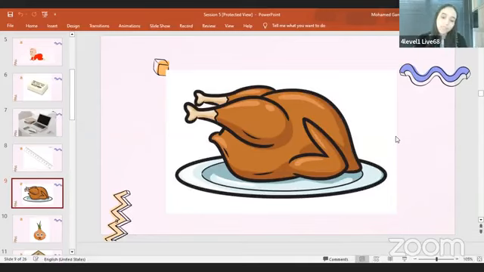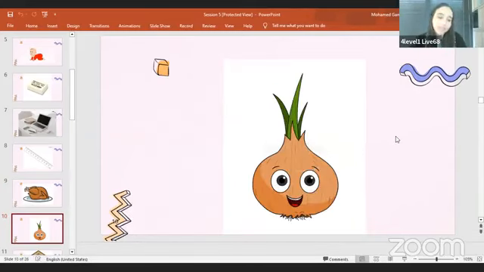Let's move to the second one. Can you tell me what you see in the picture? Abdul Rahman, always the first one to answer.